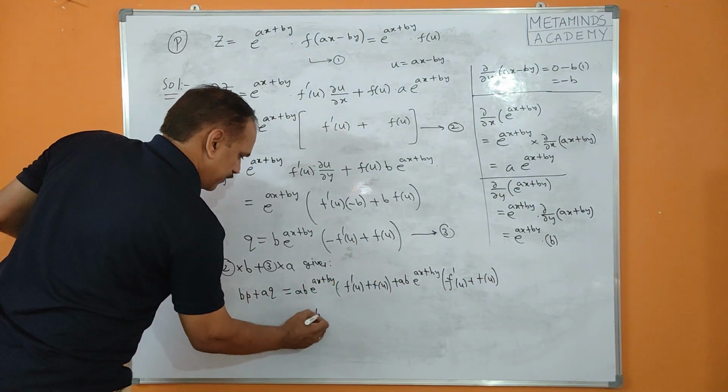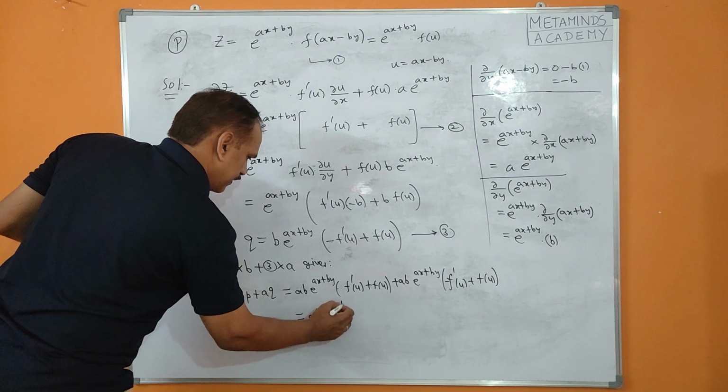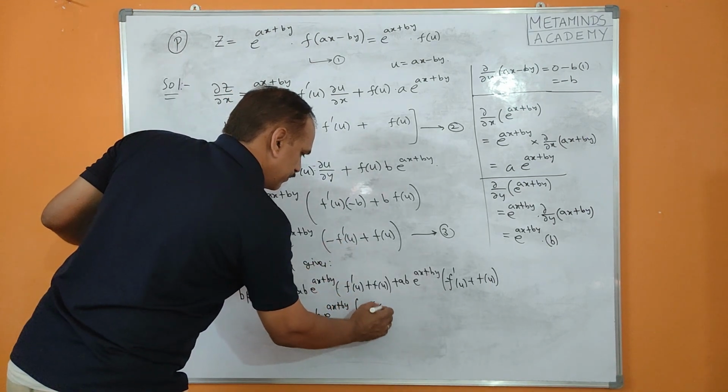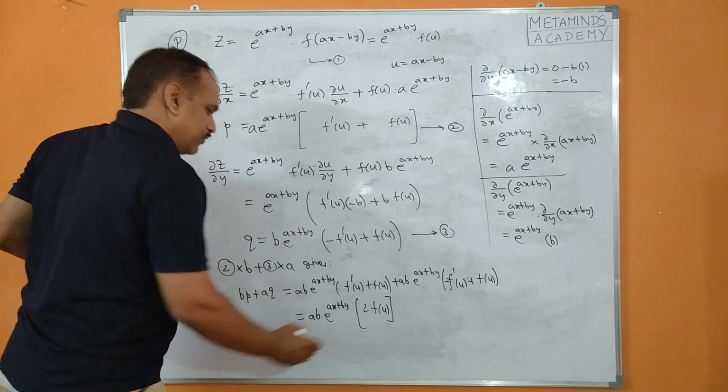You take ab e power ax plus by common, f dash u gets cancelled and we get 2 into f of u.